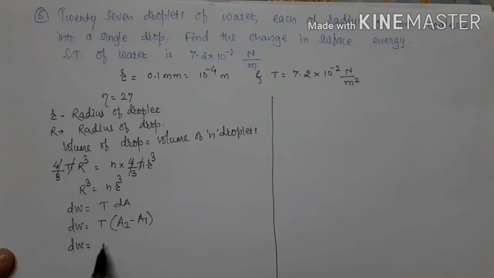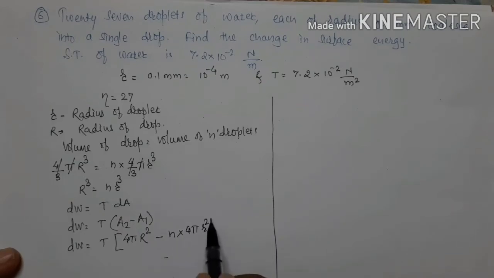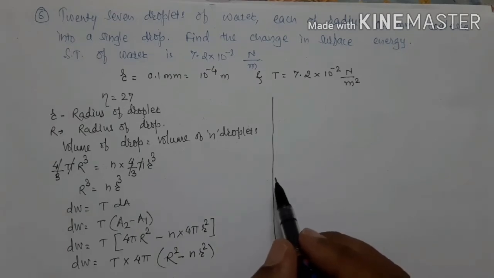So dW is equal to T into the final area for the single drop, 4 pi R square, minus the initial area, n into 4 pi small r square. Therefore dW is equal to T into 4 pi in the bracket R square minus n r square. This much is the work done.